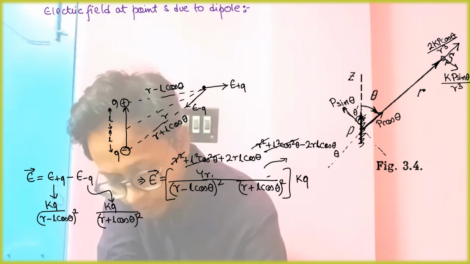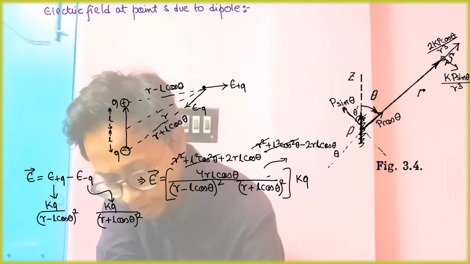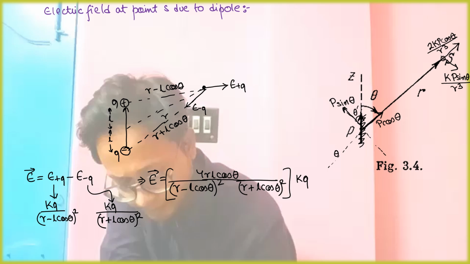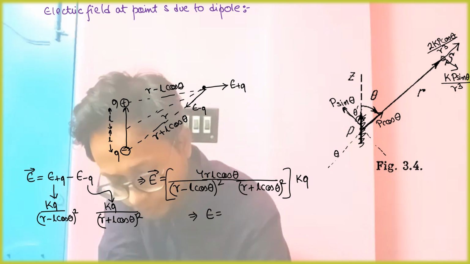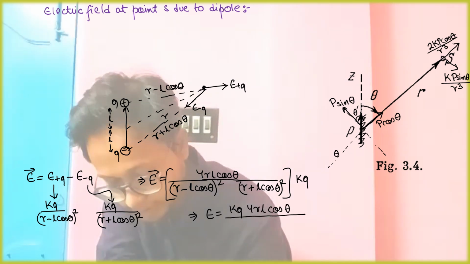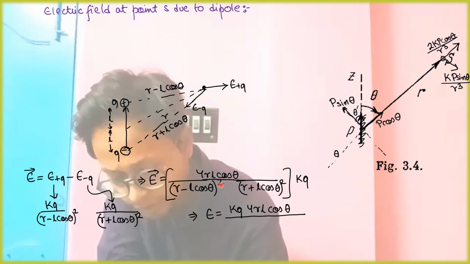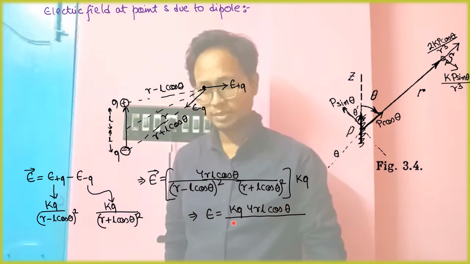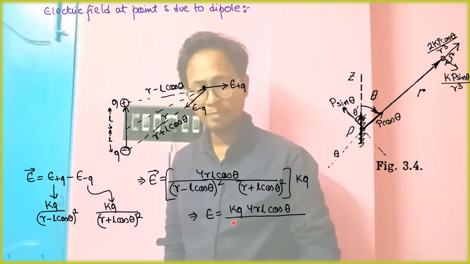Okay, so let me erase everything else. Fair and fine. So electric field at point S is equal to KQ 4RL cos theta divided by A minus B whole square into A plus B whole square, or it is nothing but A minus B into A plus B 2 times.